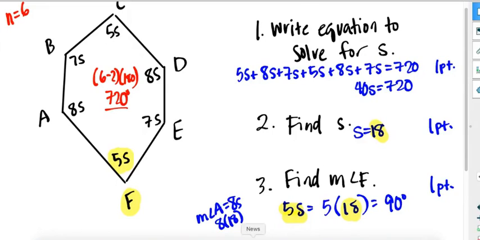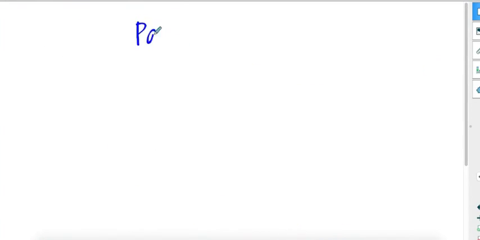The interior angle ones that you should spend a lot of time on from your review is part 2.